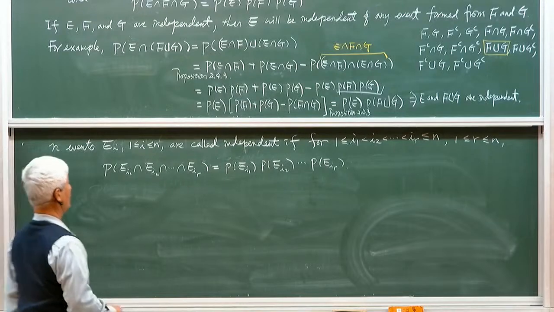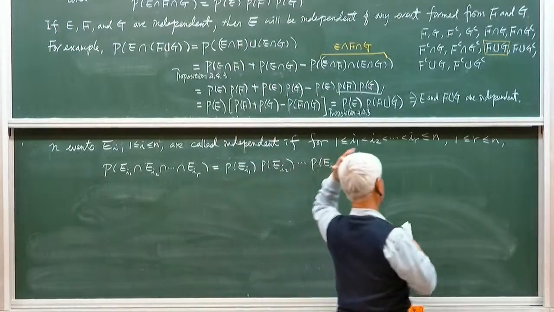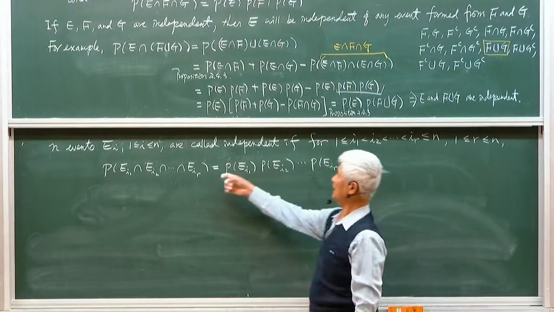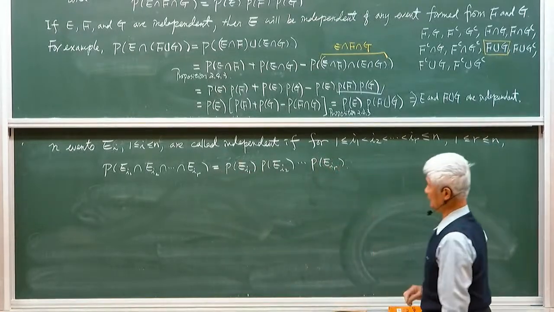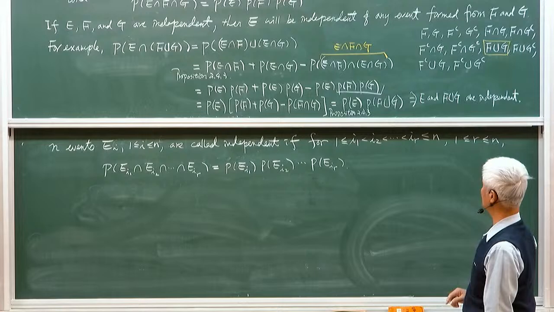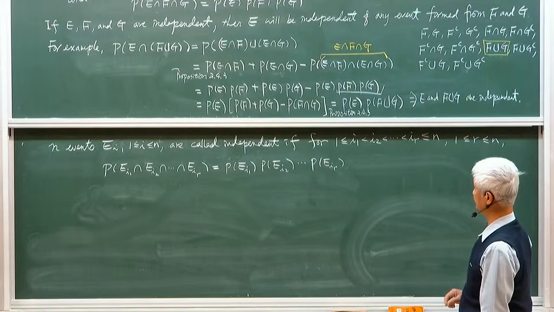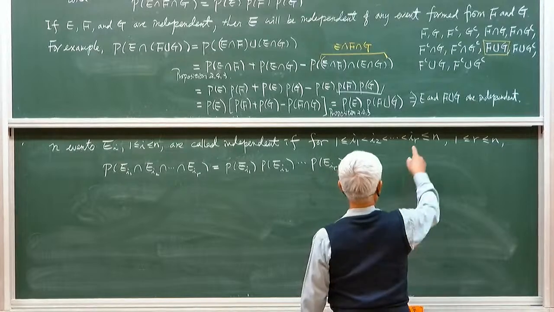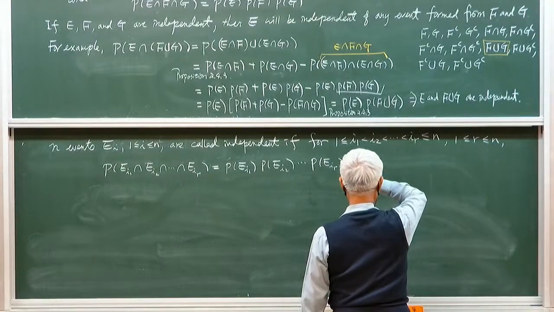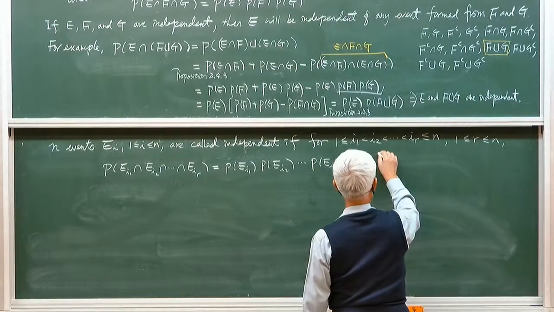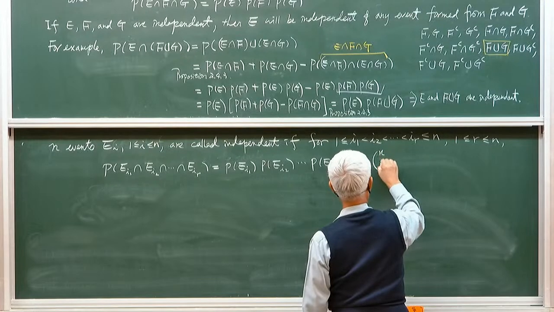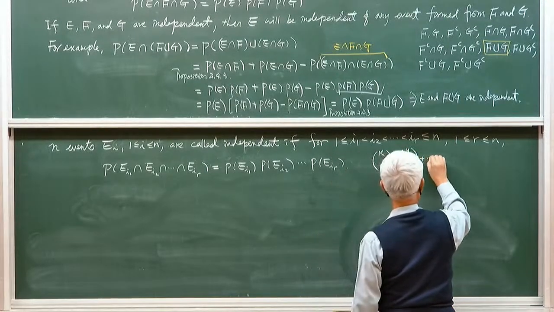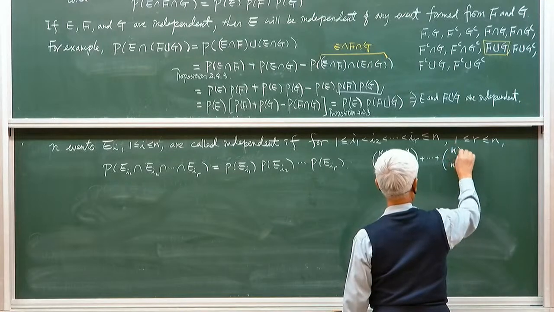Okay, so how many identities do we have here? We see that we have n select 1 plus n select 2 plus up to n select n.